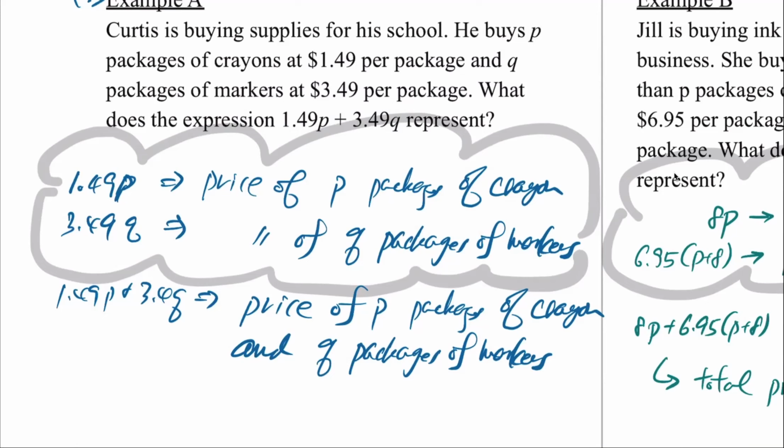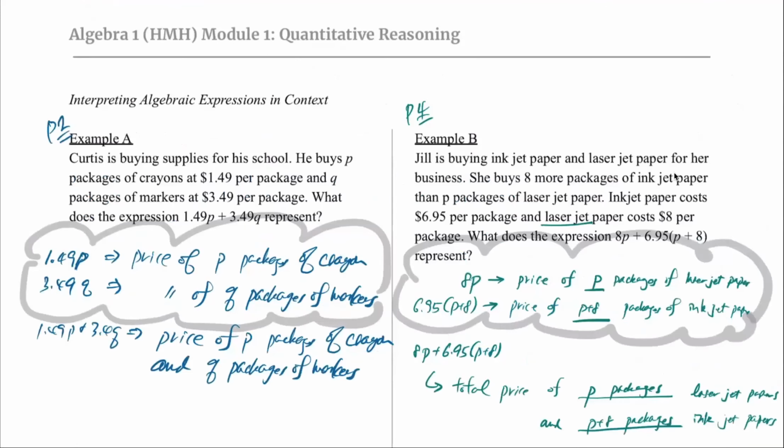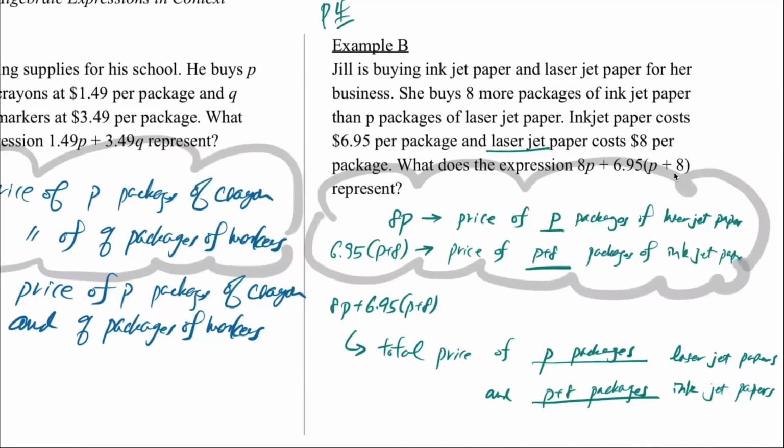Okay. Part B will have slight variation on this thing because there are 8 more packages of inkjet paper compared to the P packages of laser jet papers, right? So in this case, this expression AP represents the price of P packages of laser jet paper, and this right here, this must be $6.95 per package. That's inkjet, right? So what that means is that there are 8 more packages for inkjet.